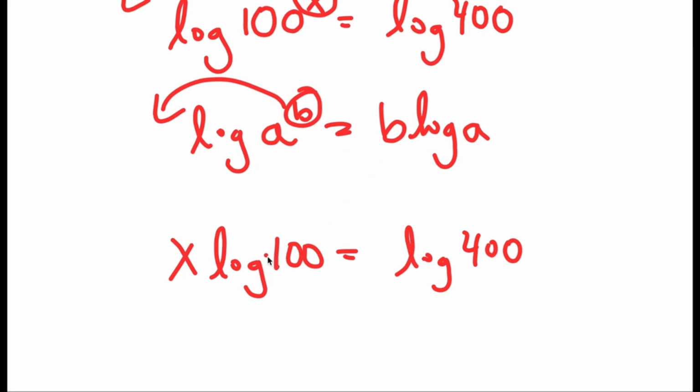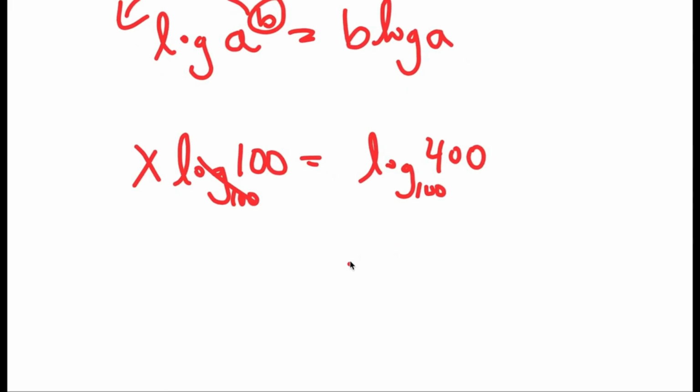Now I'm going to take the log of base 100. So log base 100 of 100 is just 1. And log base 100 of 400, well, 400 is the same thing as 100 times 4.